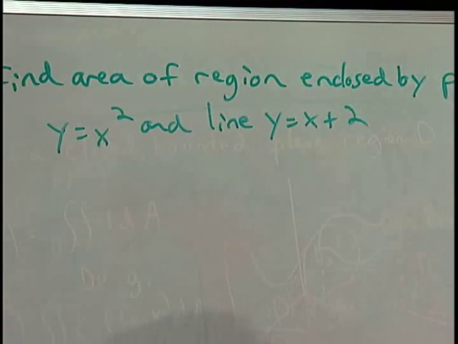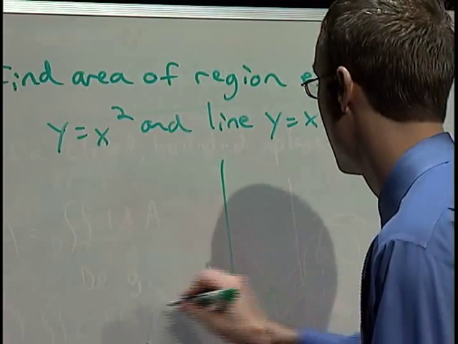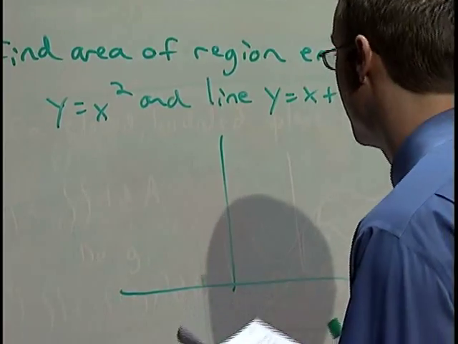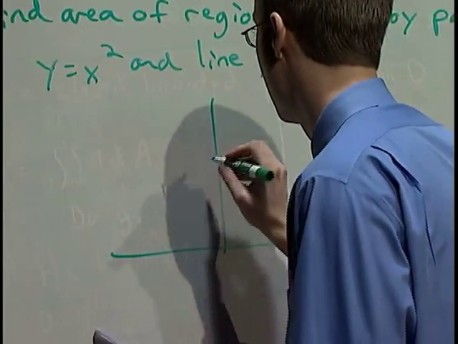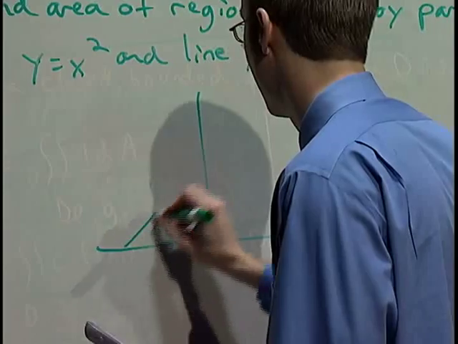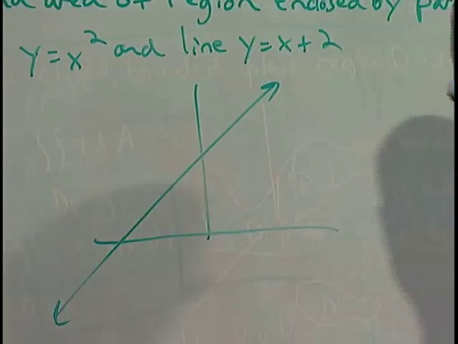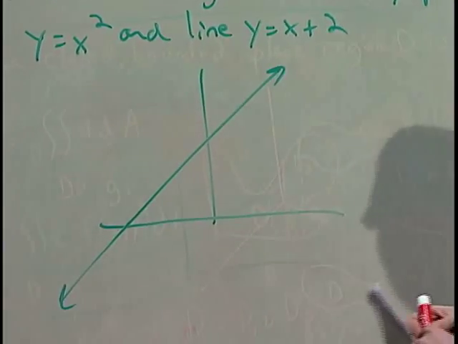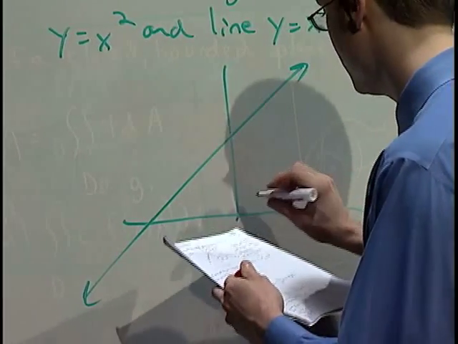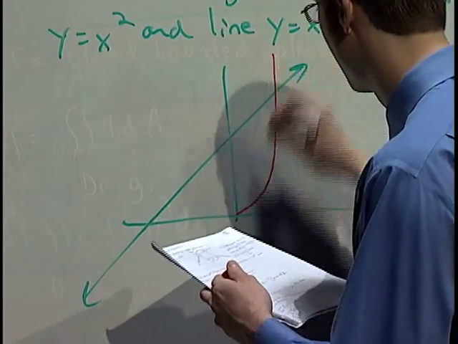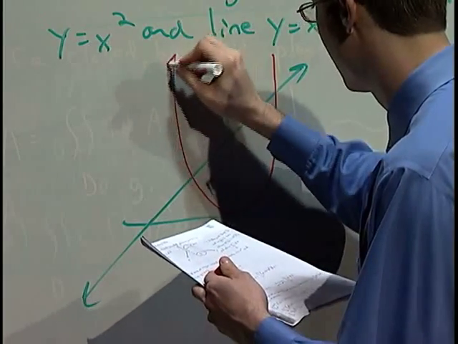We'll draw a picture. So x plus 2 maybe looks something like that. There's x plus 2, and the parabola x squared maybe looks something like that.